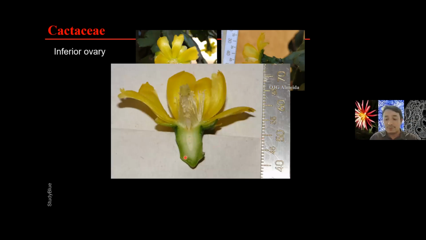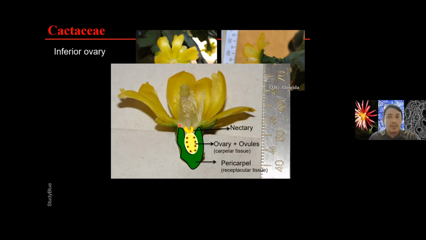And then we have the structure called the pericarpel, which involves the ovary itself with the ovules. And at the top, usually we find a nectar chamber, and then some lineages will have a bigger or not so big floral tube, and the perianth with tepals, and the stamens, and inside the stigma and the style.